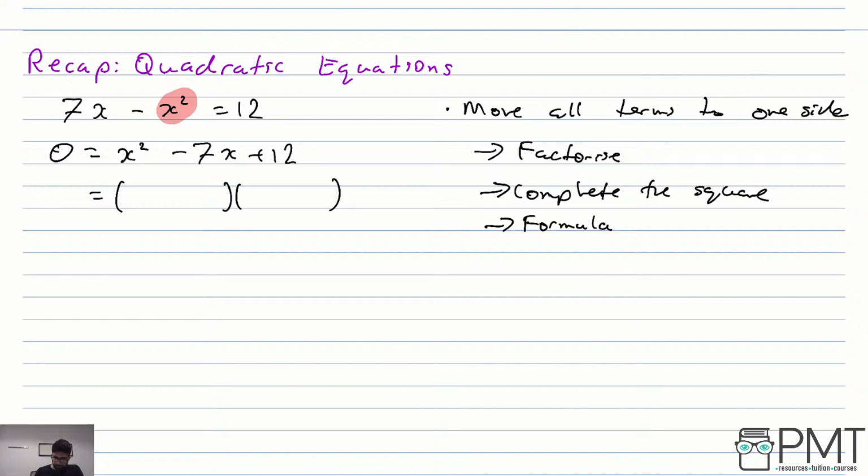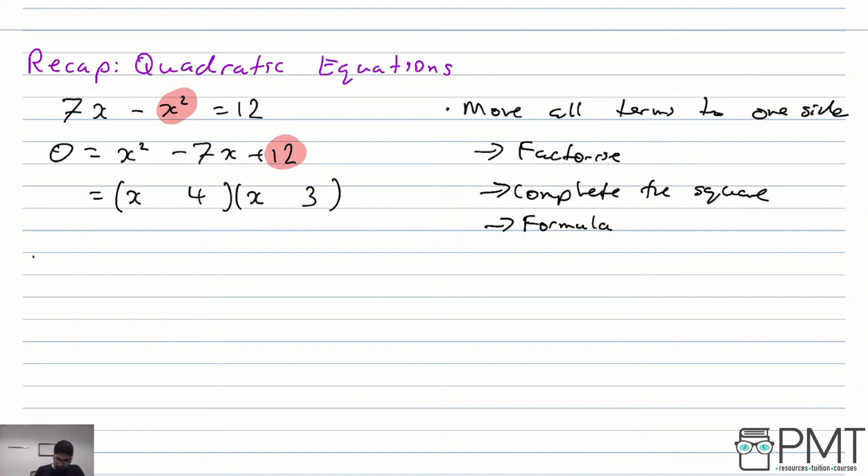So what you can do is look at the first term there. That's an x squared, so the brackets should start with x, and then look at the last term there. That's 12, and you should think which two numbers multiplied give you 12. So that's going to be 4 and 3.